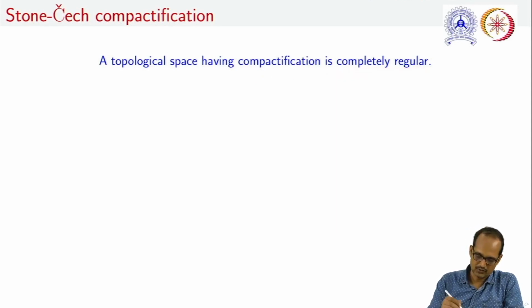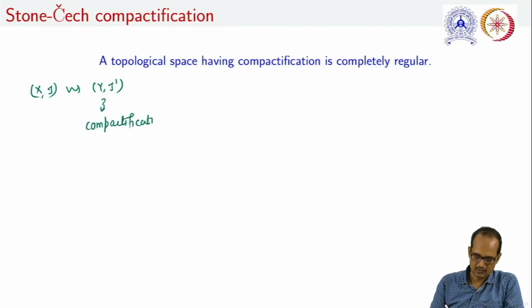In order to justify it, let us take a topological space (X, tau) and let us take this space (Y, tau dash). This is a compactification of the topological space (X, tau).